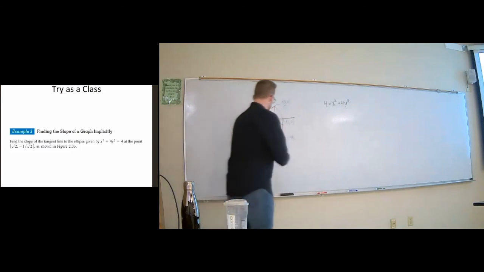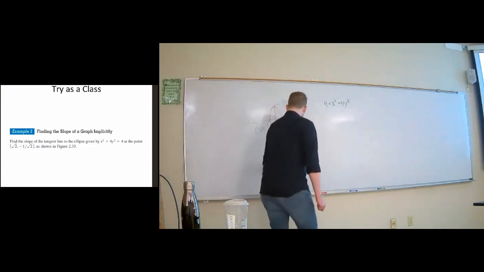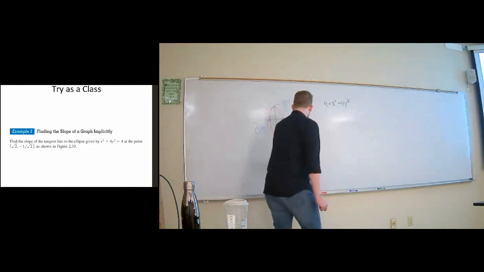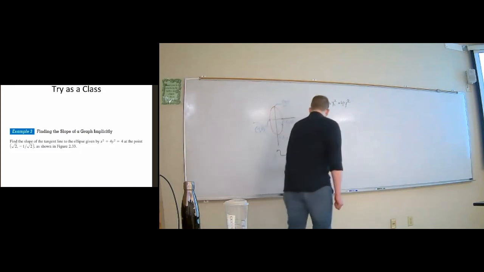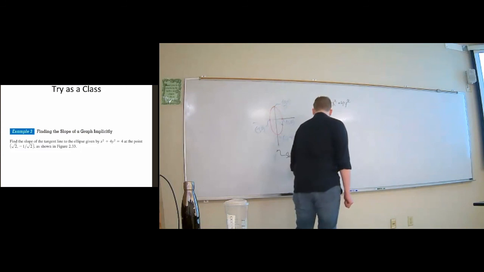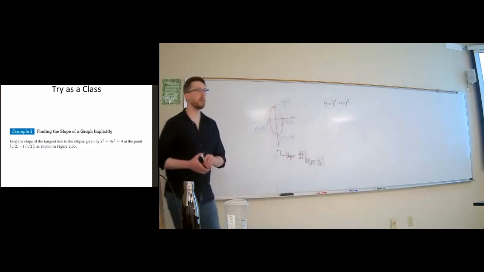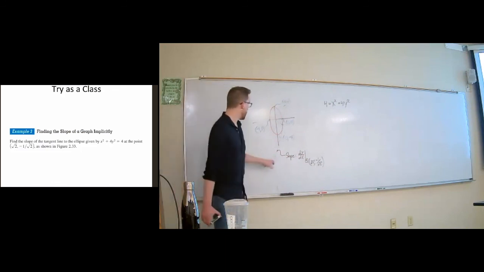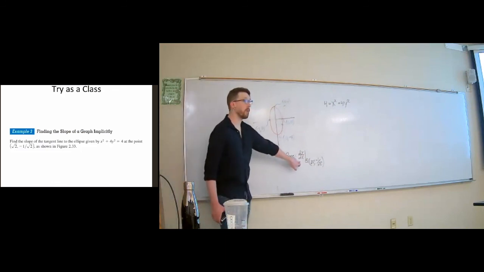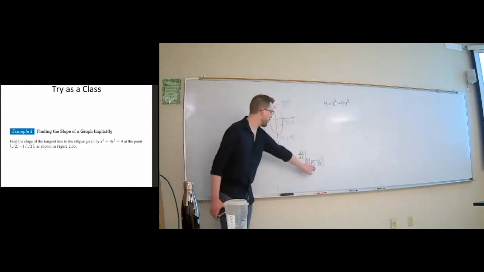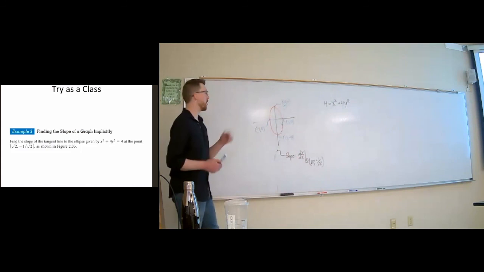Now we know the slope of our tangent line is equal to dy/dx at, in this case, the point square root of 2, comma, -1 over the square root of 2.